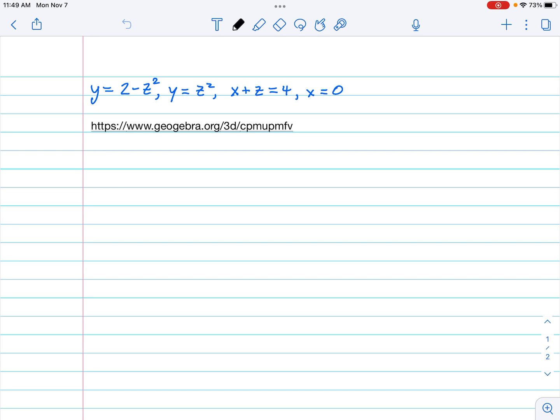So let me take a look at those two surfaces, and what I'm doing is assuming that x is 0. So I'm just going to look down here at the zy axis. Okay, so there's z and y.